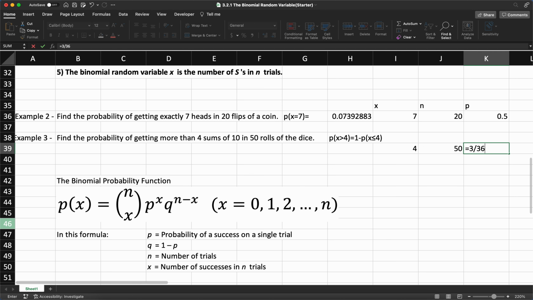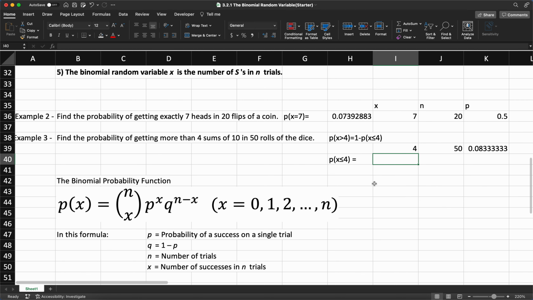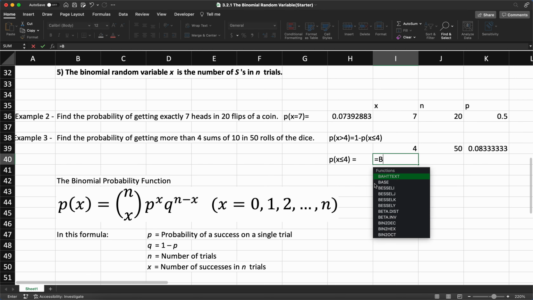And remember, in this case, rolling a 10 is a success. So this is the probability of success. So the probability of rolling a 10 is 0.8333. So I'm going to find the probability of getting less than or equal to 4 using my binomial distribution formula.